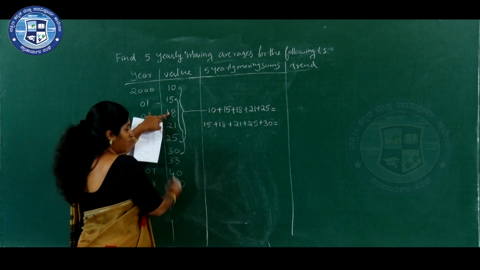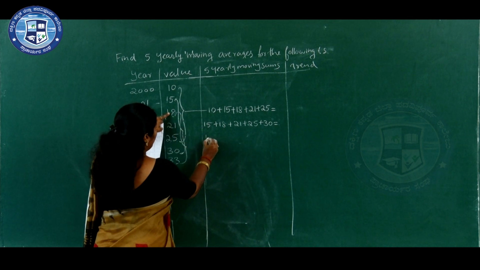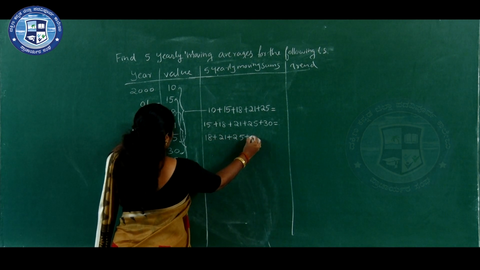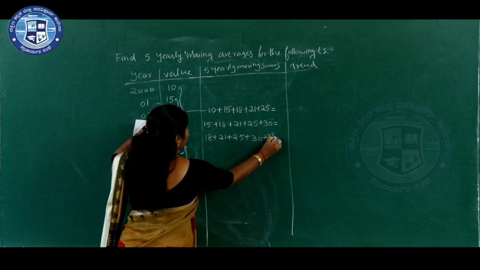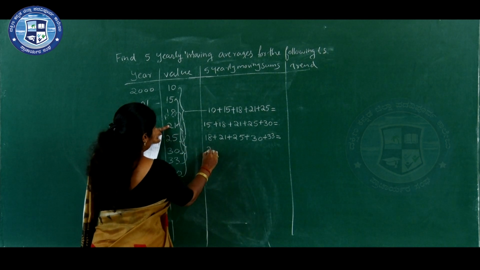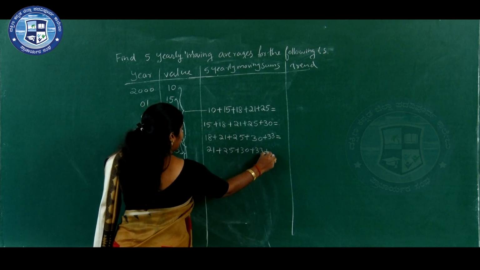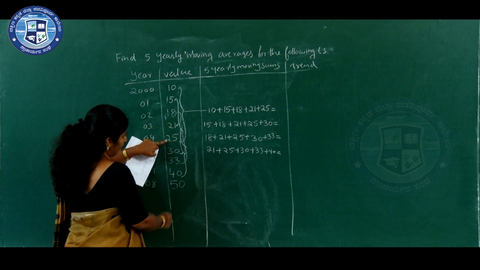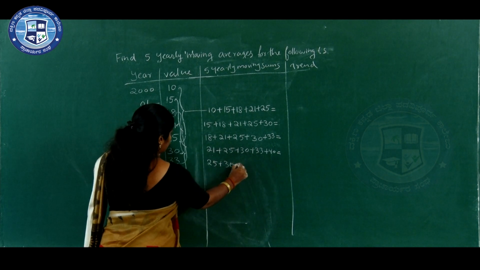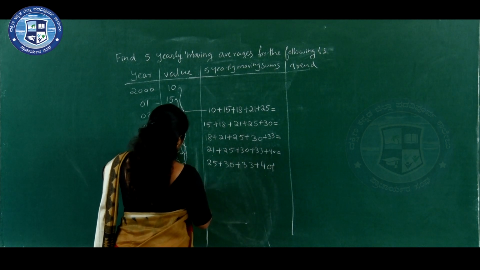Next 5 values, that is 18 to 33: 18 plus 21 plus 25 plus 30 plus 33. Then next 5 values, 21 plus 25 plus 30 plus 33 plus 40. The next 5 values are 25 plus 30 plus 33 plus 40 plus 50.